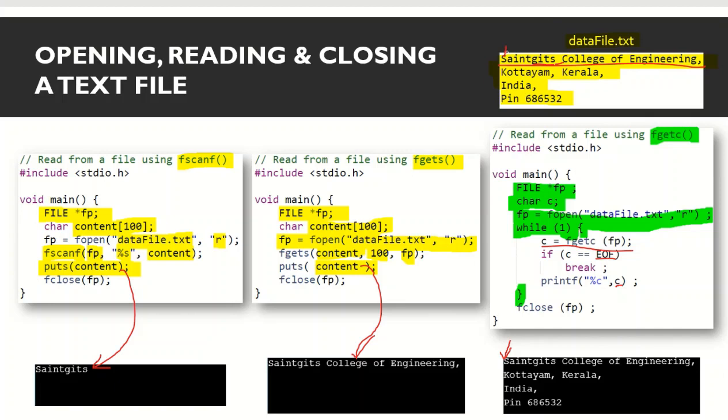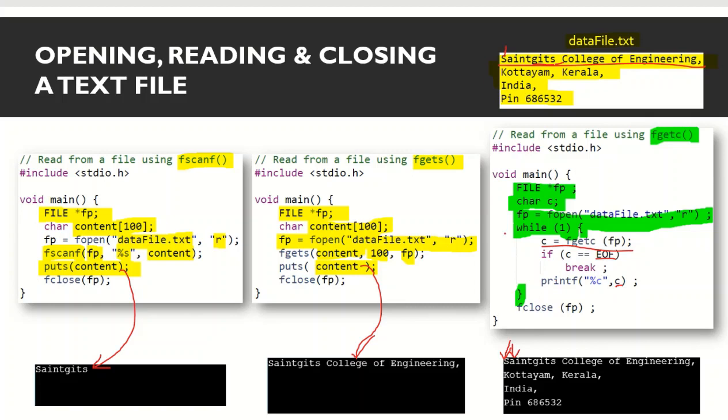After s, the file pointer will advance to the next byte. So the next one is a. It will read a, as c is not equal to end of file. c is equal to a now, so it will go out of this if statement and print the second value, a.